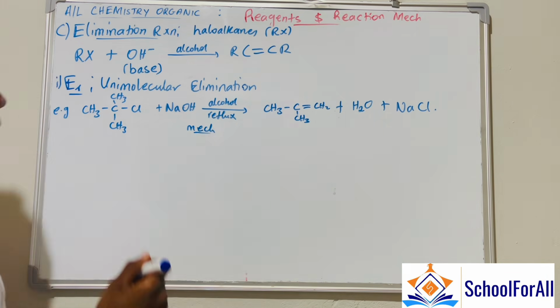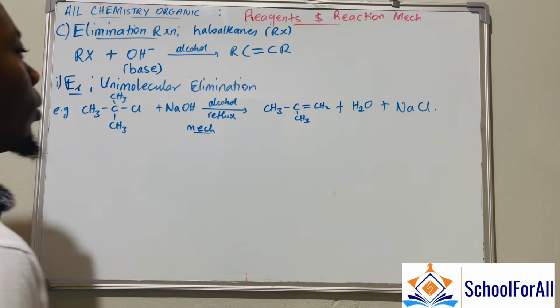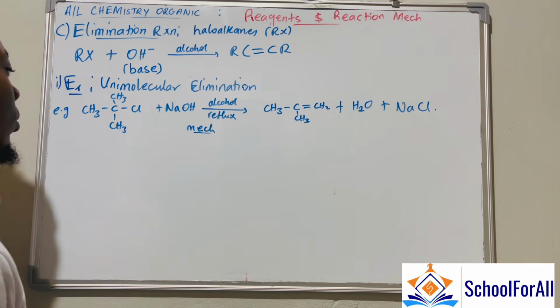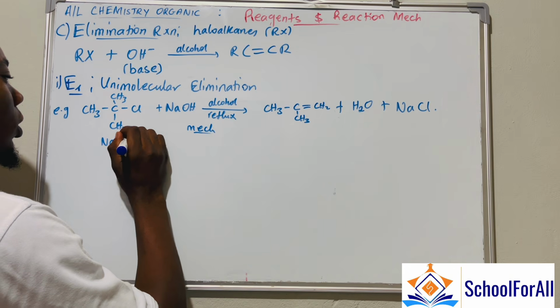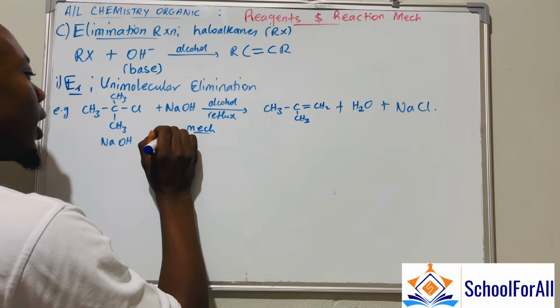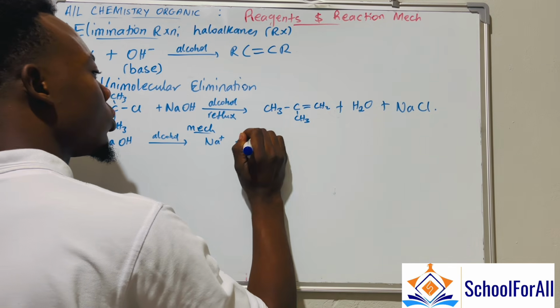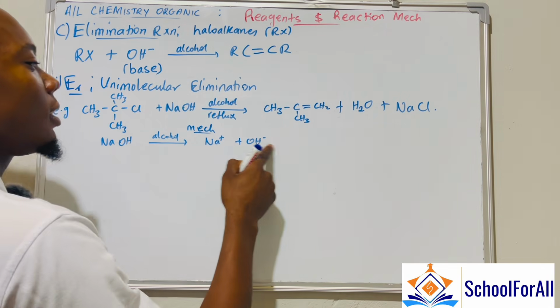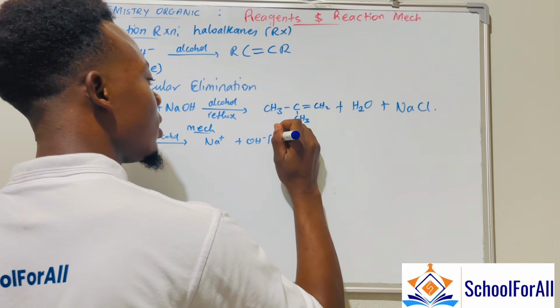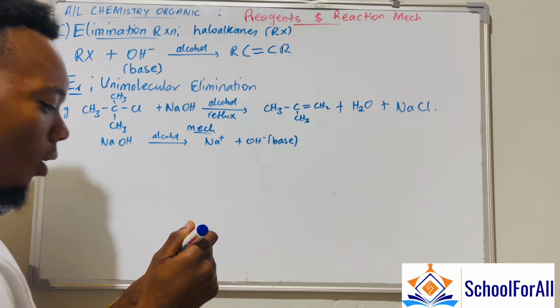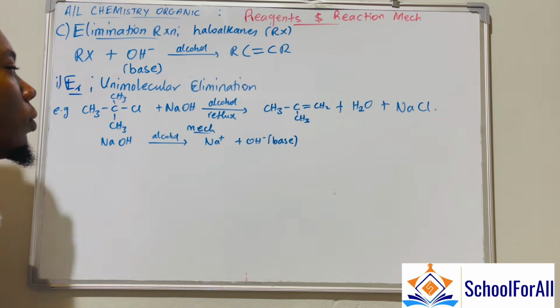So what happens in the mechanism? In the mechanism here, I will form my base. You need that to happen with the sodium OH in the presence of an alcohol. I'm going to have Na plus and OH minus. But in this case, this OH minus is not a nucleophile, it is a base, so it comes and removes a proton from my compound.